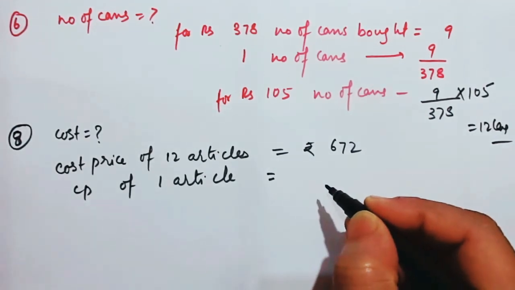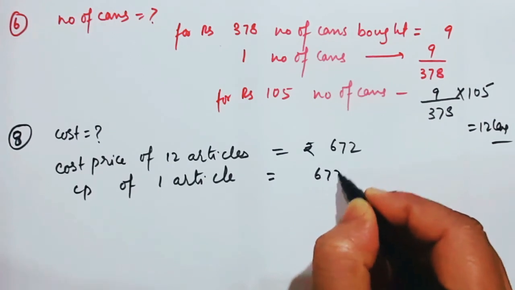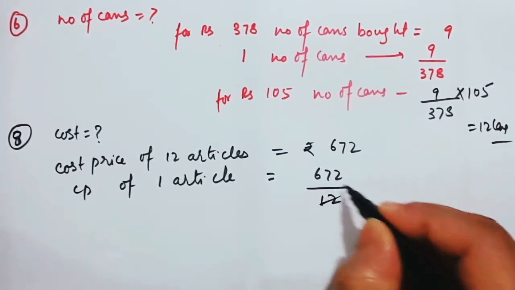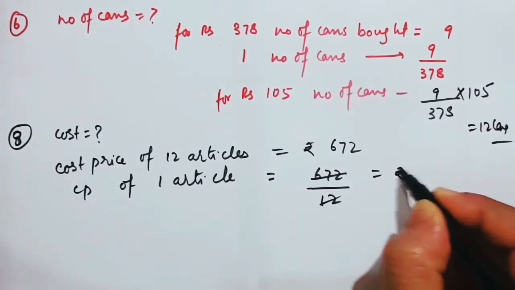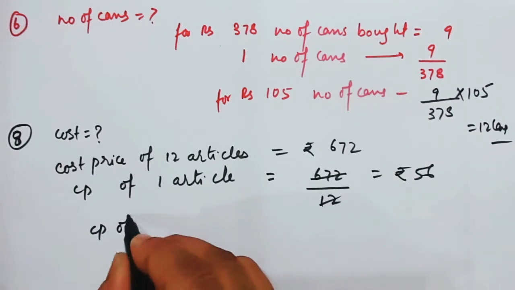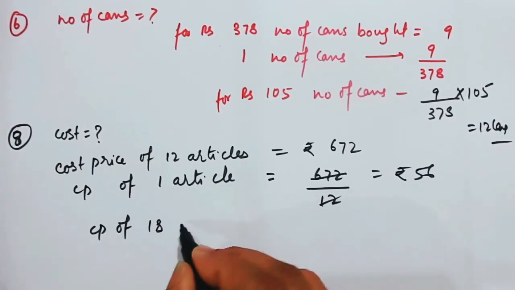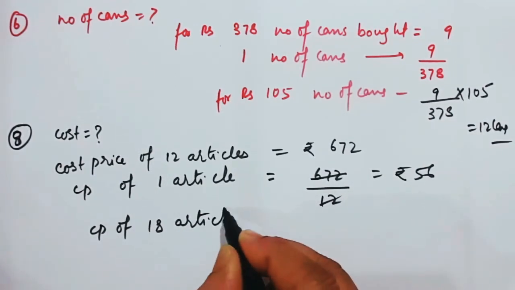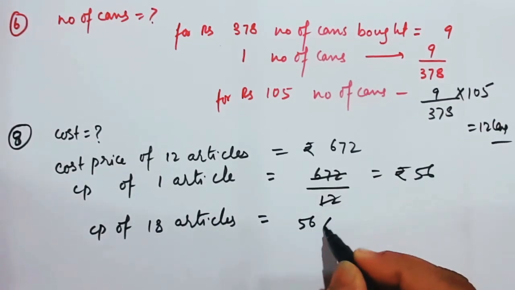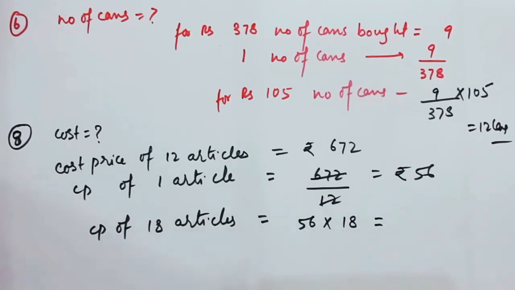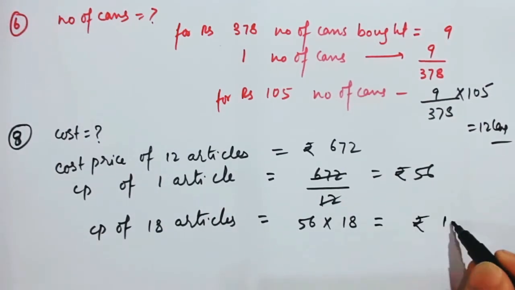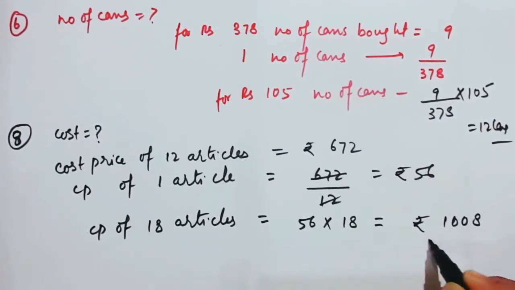So the cost price of one article will be less, of course, and when you cancel, you will get rupees 56. Cost price of 18 articles is equal to 56 times 18, or rupees 1008.